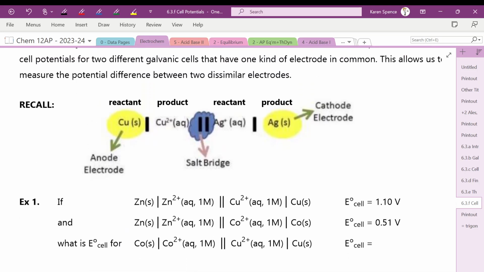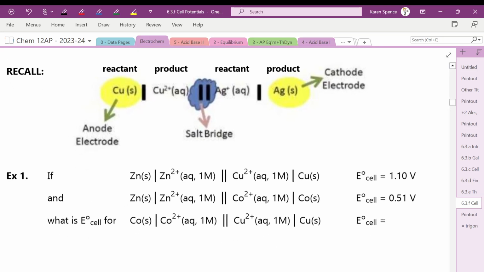So actually we have a little problem here. Let's say that we have a zinc copper half cell. If you remember, what is this guy here? Is that the anode or the cathode? If we're using line notation, that is the anode.